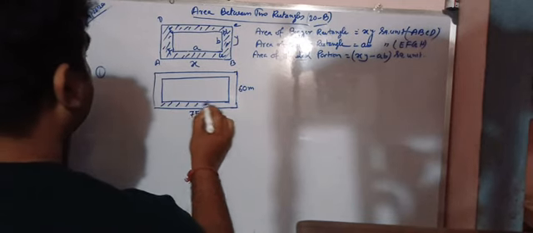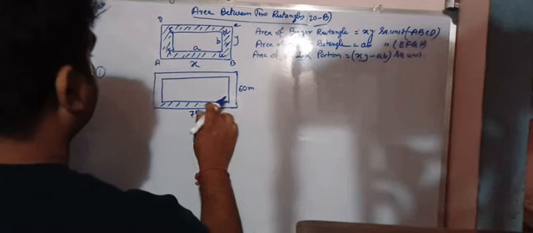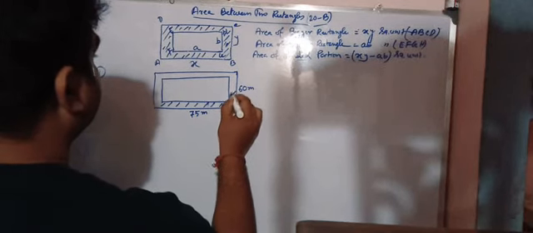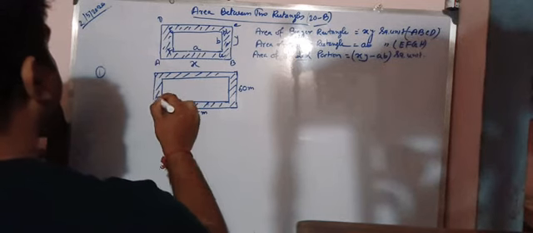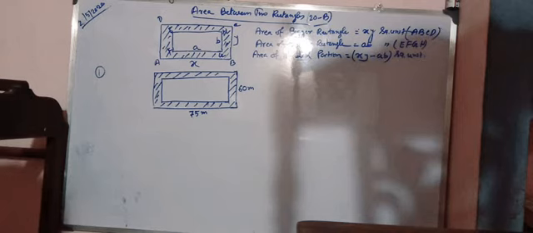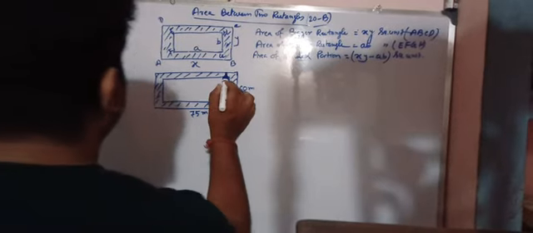This is 2 meter, 2 meter. This path is 2 meter. Okay. So we have to find the cost of the path.